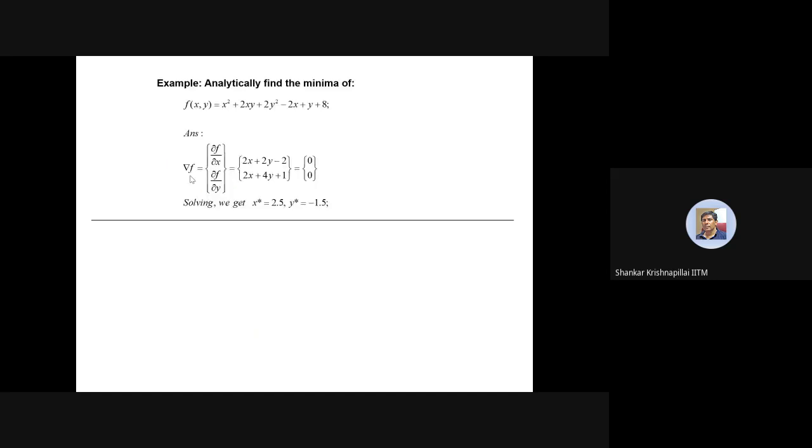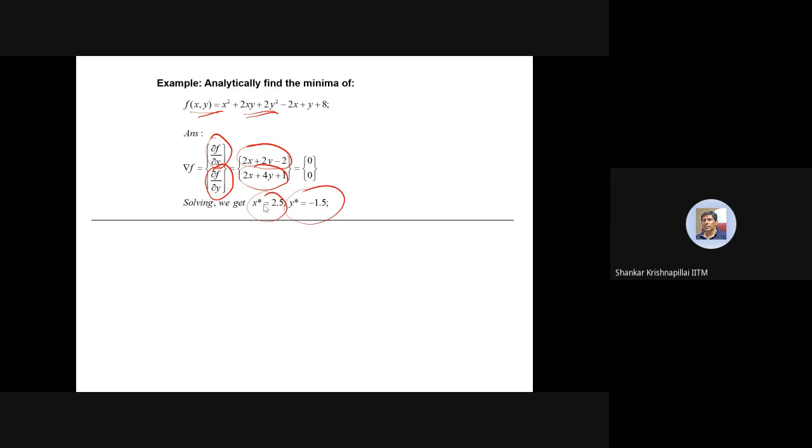We can look at some examples of how to analytically find the minima of an objective function of two variables. Find the minima of this objective function. First find partial f by partial x equated to 0 and partial f by partial y equated to 0. If you solve it, you get x star equal to 2.5 and 1.5.